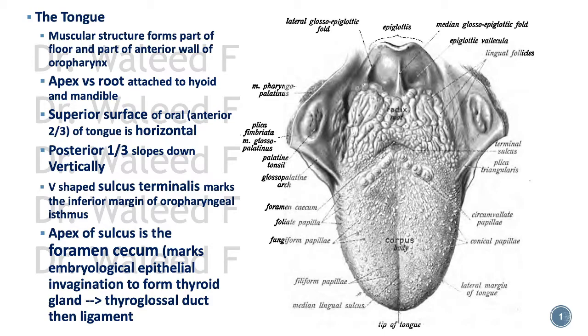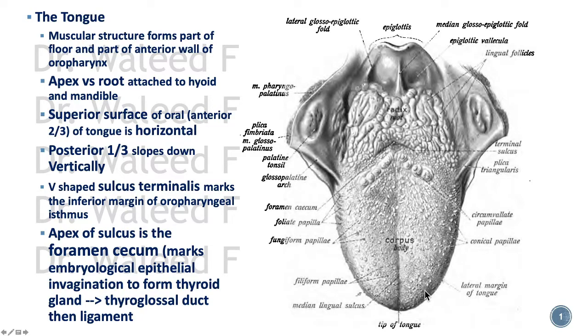Remember when we studied the thyroid, we said it has a connection with the base of the tongue through the thyroglossal ligament that was a duct before. So it's normal to find thyroid tissue below the tongue along the tract of the thyroglossal ligament. Remember, the anterior part is the anterior 2/3 and the posterior part is the posterior 1/3.